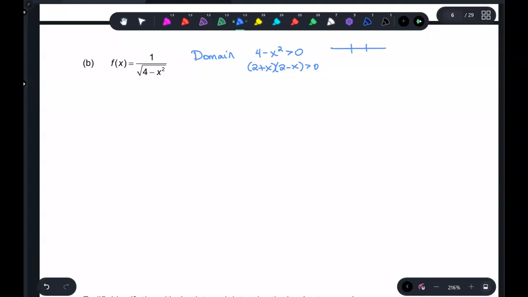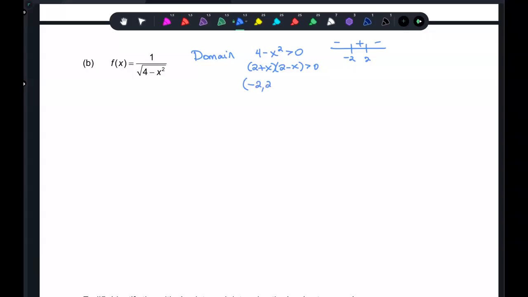So if I were to do a quick number line here, my domain is just going to be values between -2 and 2. Can't it be inclusive? No, because it's in the denominator. It can't be equal to 2 because that would make it undefined. Okay, so that's my domain. I just want to keep that in mind.